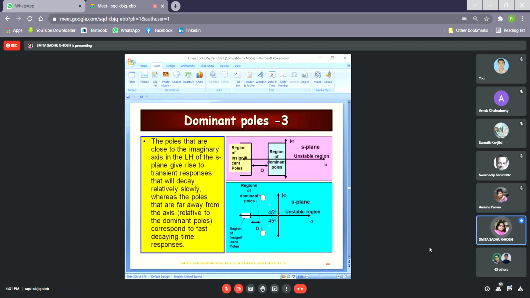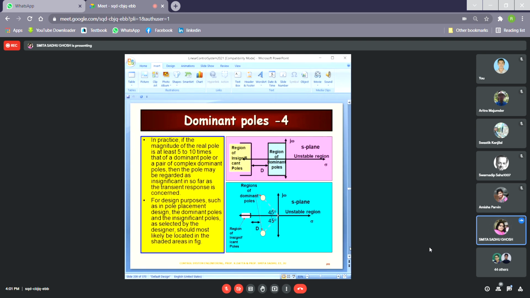The poles that are close to the imaginary axis in the left half of the S-plane give rise to transient responses that will decay relatively slowly, whereas poles that are far away correspond to fast decaying time responses, which I've already spoken about. In practice, if the magnitude of the real pole is at least 5 to 10 times that of the dominant pole or complex conjugate pole pair, then the pole may be regarded as insignificant.